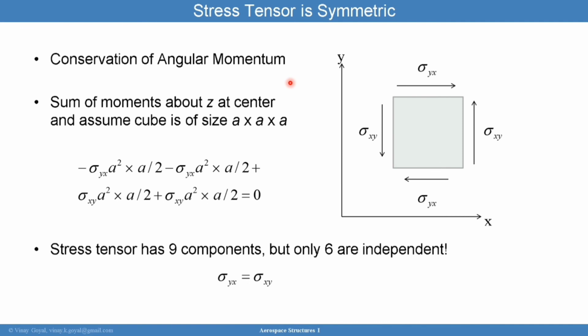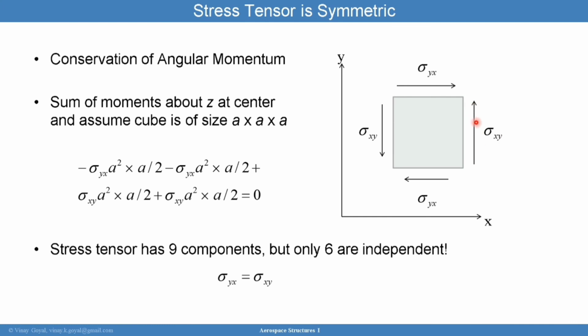Let me show you how to do this in a simpler way. In the book, we also have it done differently. But one way to do this is to consider a box of material, and say I just have shear stresses. Sigma xy, sigma xy. We know that this stress must be on the x face because that's the first index there, and the y here is the direction that it's acting in.